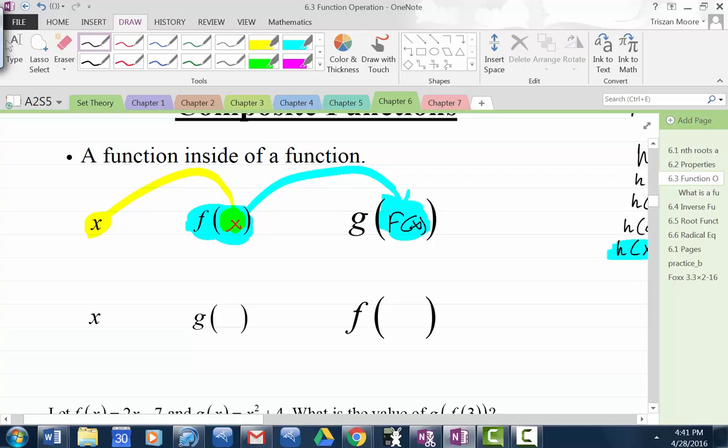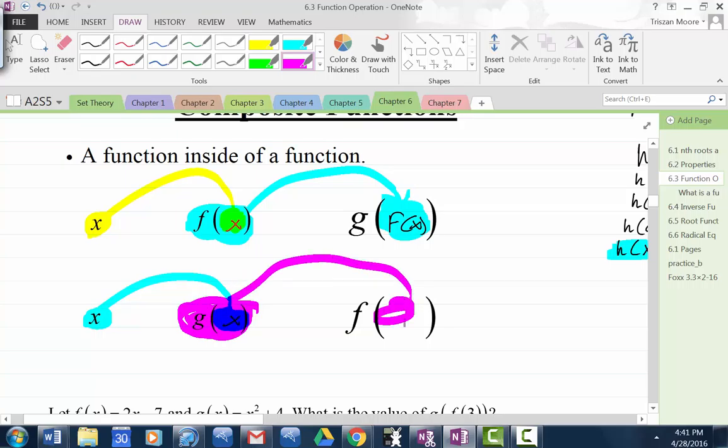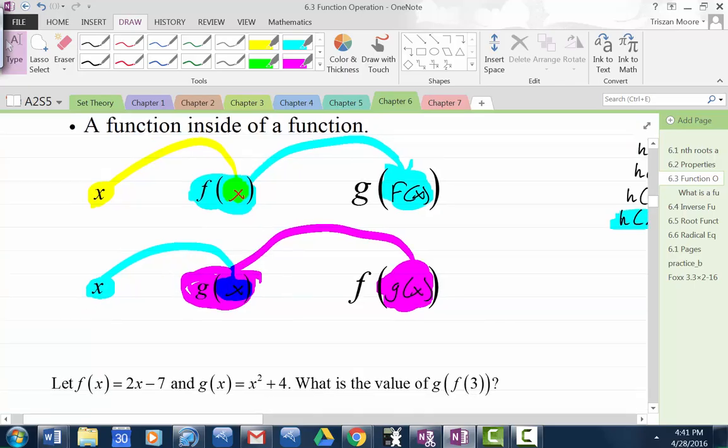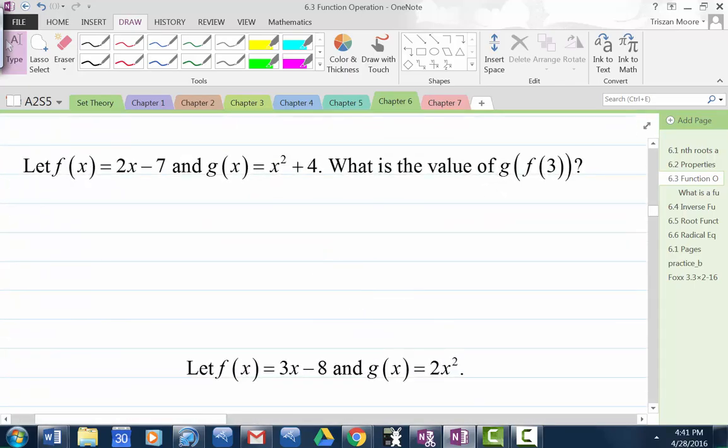That's all a composite function is. And it can go the same exact way. Say if I took an x, put it in here, then the function I have is g of x, and then I can take that entire function, put it in here, and I could end up with f of g of x. Either way, I'll show you some examples so this can help you.